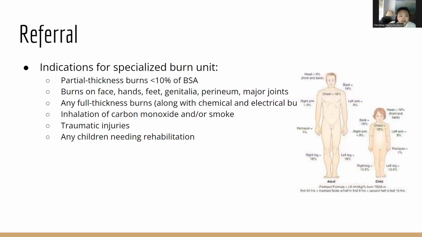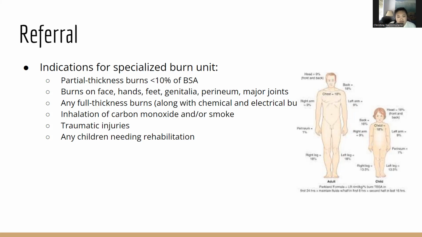Okay, so it's important to note when a patient should be referred to a burn unit. According to the textbook in chapter 45, the indications for specialized burn unit include partial thickness burns of less than 10% of the total body surface area, burns on face, hands, feet, genitalia, perineum, and major joints.